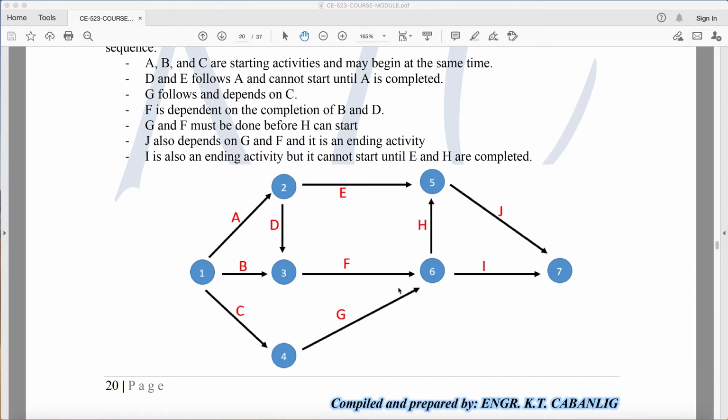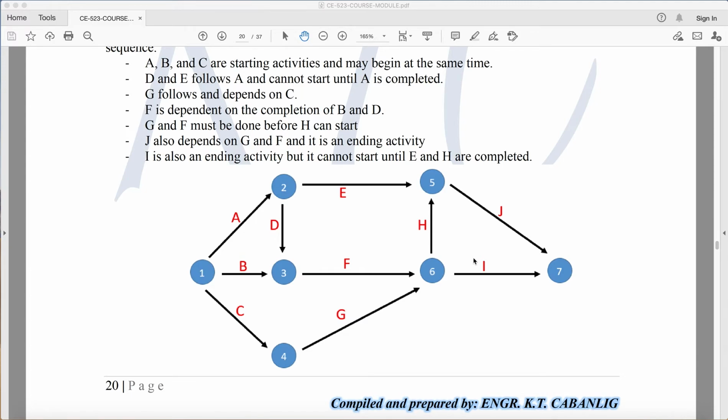Okay? Bakit? Kasi for example, sabihin natin si AEJ is just 25 days. Now, si BFI is 30 days. Therefore, ang magiging critical path would be the 30 days rather than the 25 days, because if I'll be using the 25 days, which is path AEJ, as my critical path, then saan napunta yung 5 days? Where did the 5 days go?